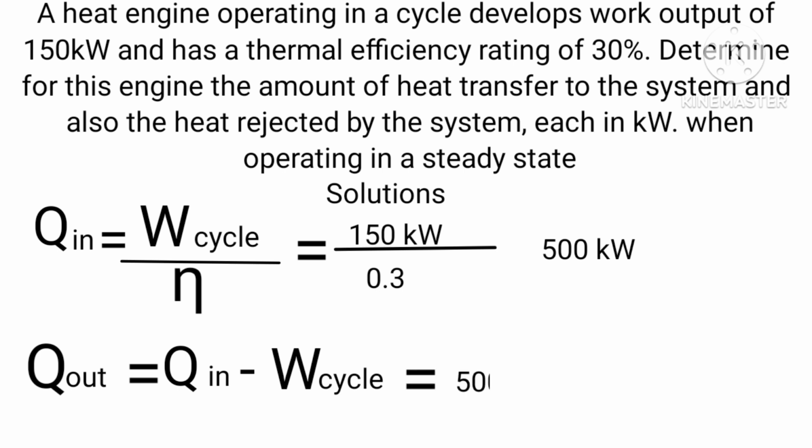And Q in is 500, according to what we got. 500 minus W cycle, which is 150. Remember that W cycle is 150, and that is the work output of the system. So 500 minus 150 will give us 350 kilowatts. And 350 kilowatts is the heat rejected by the system. And that is it.